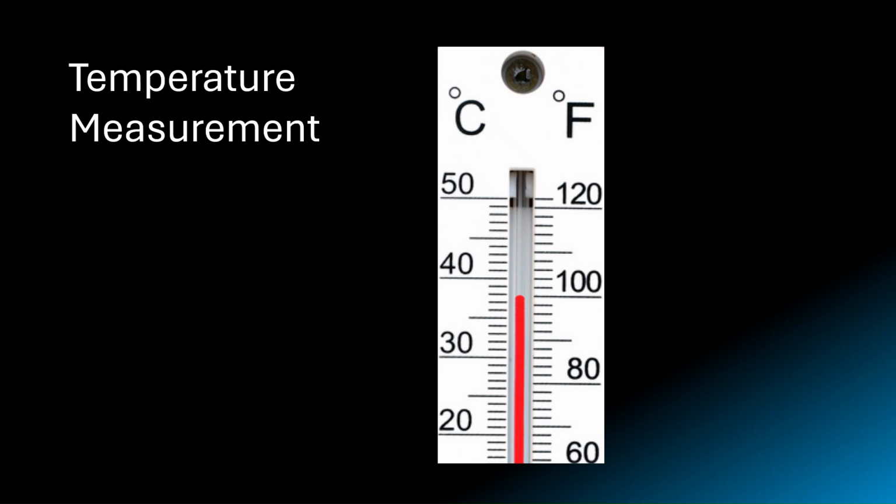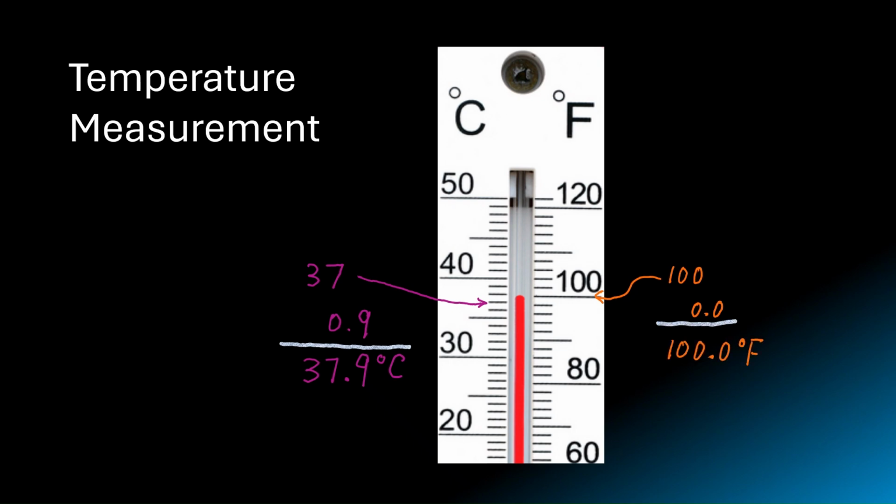For Celsius, the red liquid level passes above the mark 37, which are then the certain digits. I'd guess the last digit is 9 because it is just below the next line at 38. The result is 37.9 degrees Celsius. As for Fahrenheit, the liquid looks right on the line at the 100 mark. 100 are the certain digits and the last digit is 0 since it is on the line. The final reading is 100.0 degrees Fahrenheit.